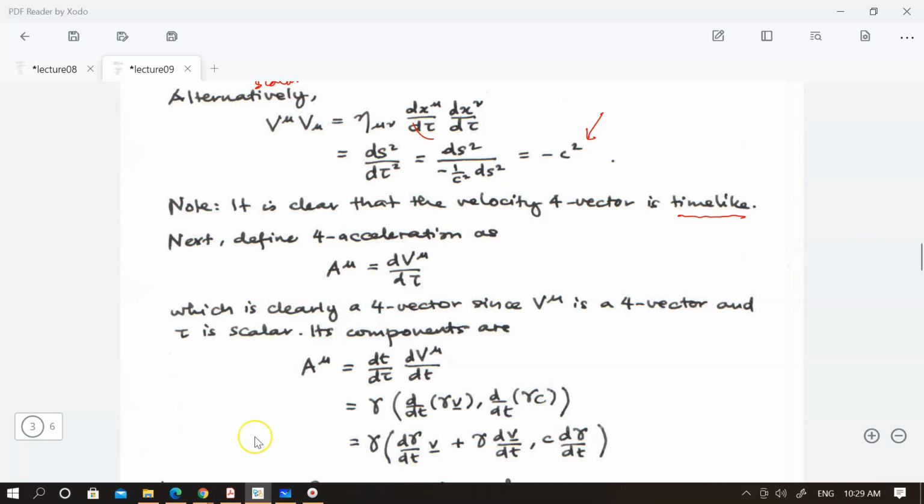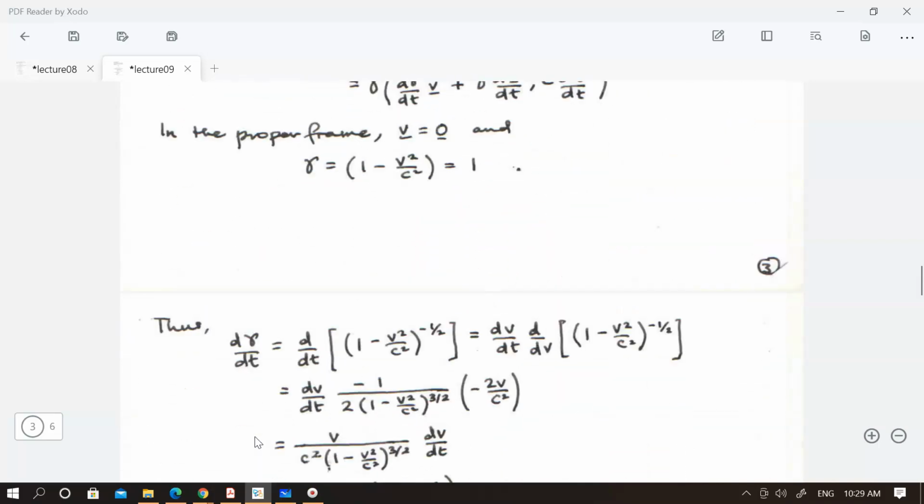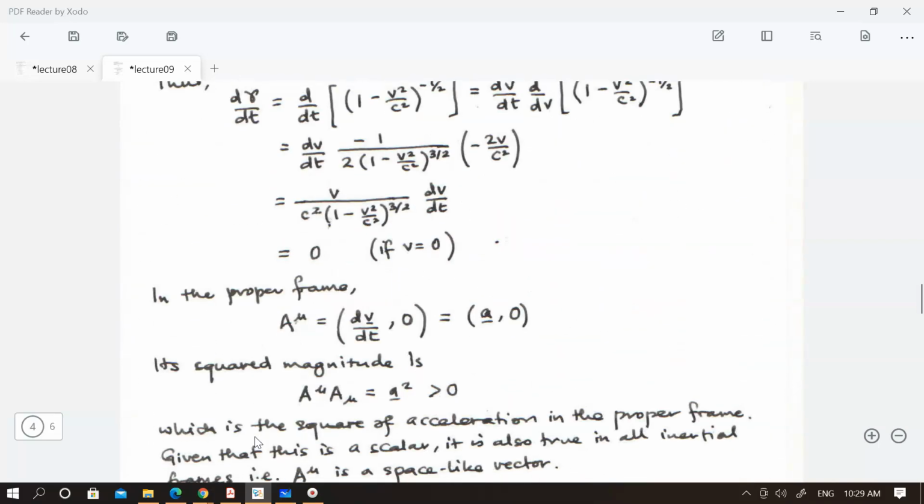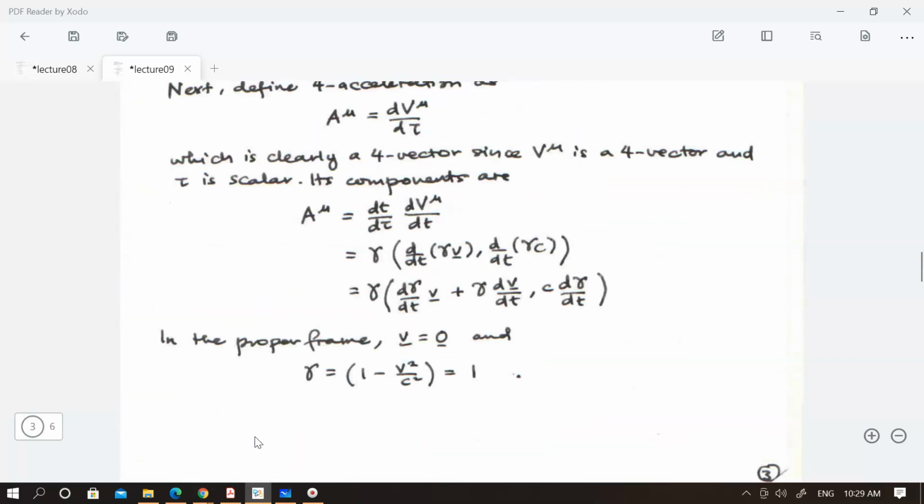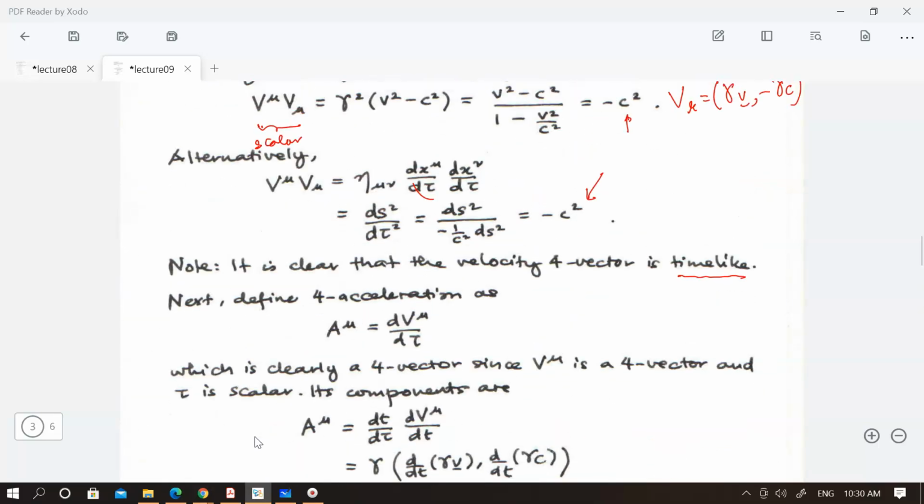Let me see what do we have next. Probably I will stop after the 4 acceleration, because I need to do something else. So once you have defined a 4 velocity with respect to the proper time, then it's quite easy to generalize this to acceleration. You just take the 4 velocity, take the derivative with respect to the proper time, and we define this as the 4 acceleration, or acceleration 4 vector.